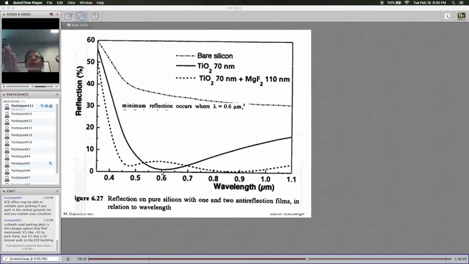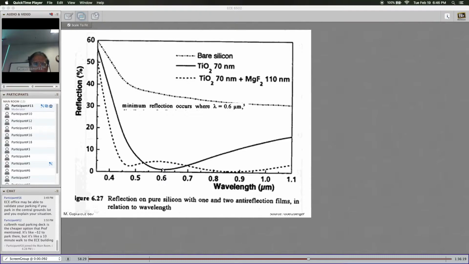Okay. When you have multiple wavelengths, you are fixing the thickness and index. You cannot satisfy the condition for minimum reflection for a broad wavelength range. And that's why you have this issue.